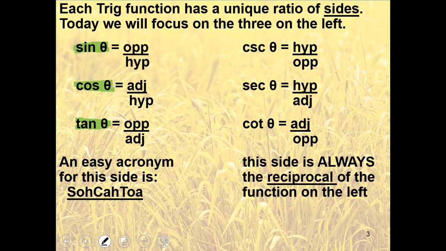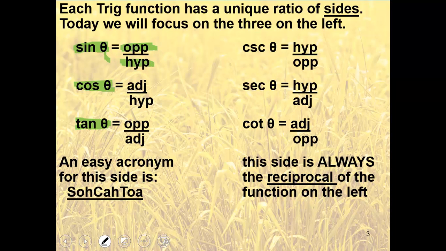Now don't be alarmed by this theta here. Remember how we had 2 acute angles for every right triangle? Well, this theta says it's the same thing for either one. You just have to pick the correct sides. So for any acute angle theta in a right triangle, the sine of that is the side opposite to that angle over the hypotenuse.